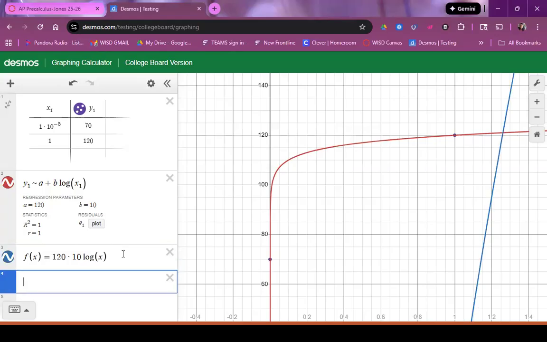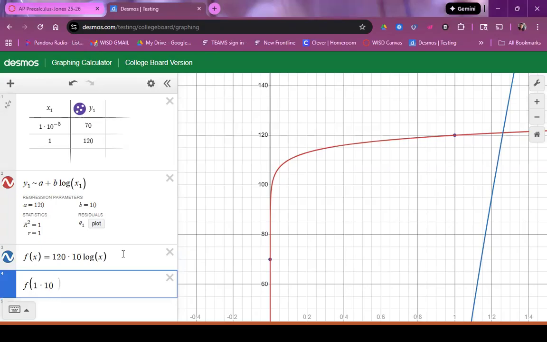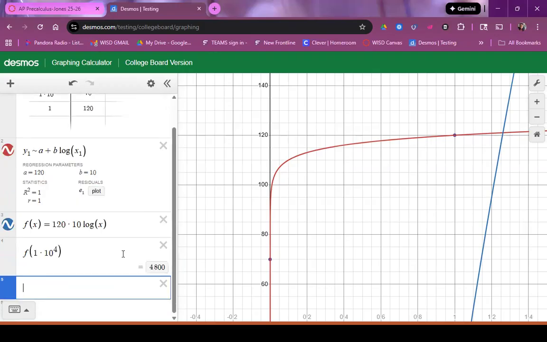I now set it up for me to find that value. So if I can look for f of 1 times 10 to the 4. And it's going to tell me that that would be 4,800.